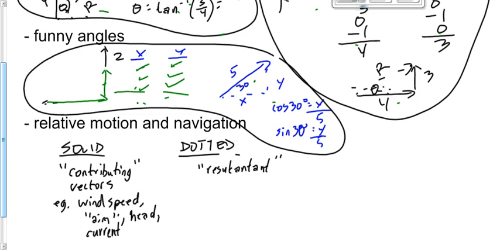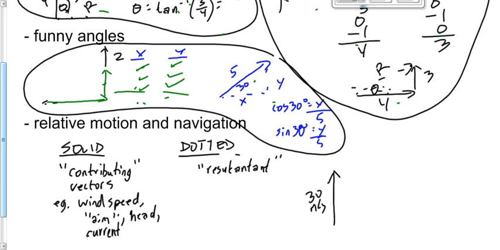They result from the contributing vectors. Where do I end up going? Well, I end up going somewhere because of the wind and because of where I aimed. The solid line vectors are the wind and where I aimed. The dotted line vector is where I ended up going because of the wind and where I aimed. If I head to the north, if I aim to the north at 30 meters per second, that's a solid line vector.